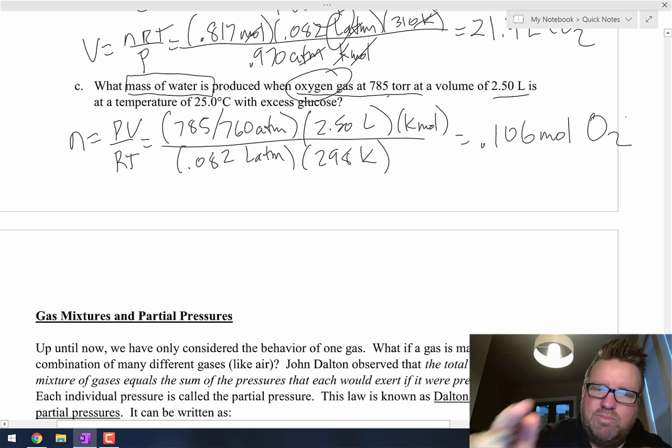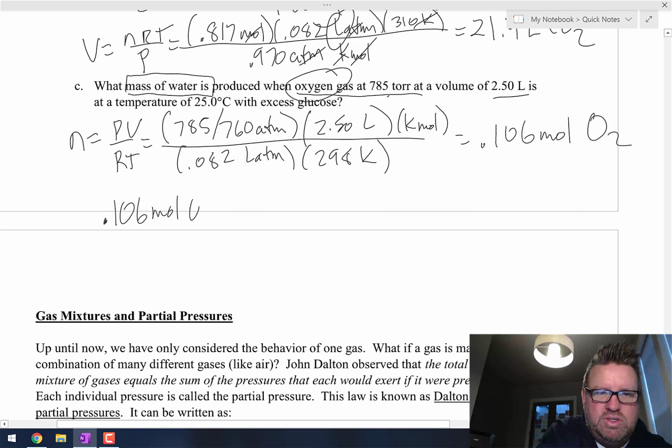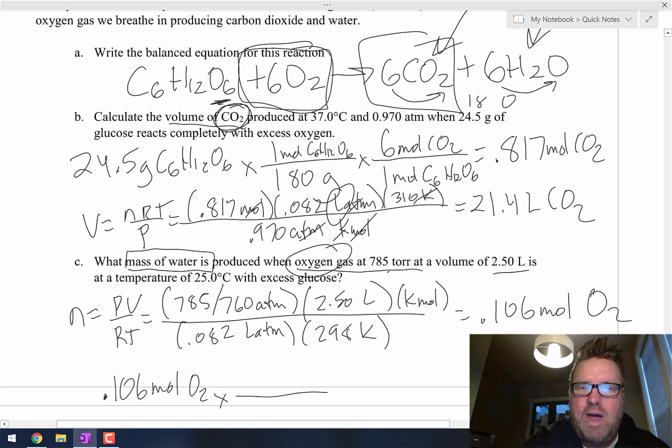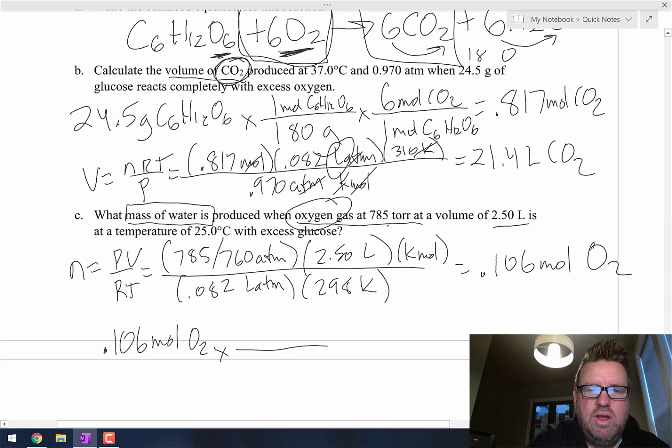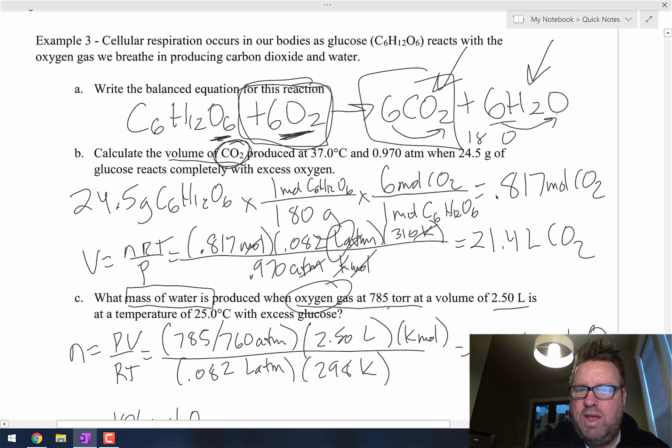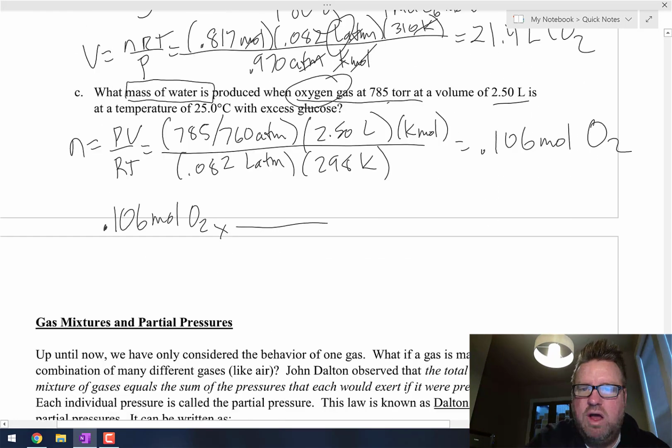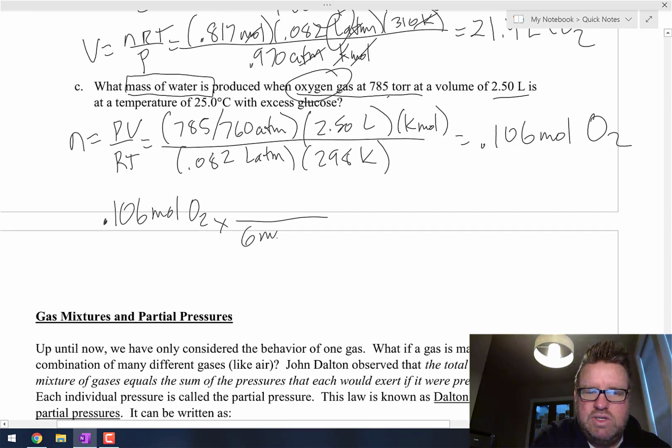And the reason that's important is because now we have to use that balanced equation. So now we're going to take 0.106 moles of O2. And now we need to go back to our balanced equation here. 6 moles of O2, and then they're asking us about water, make 6 moles of water. So 6 moles of O2, 6 moles of water.